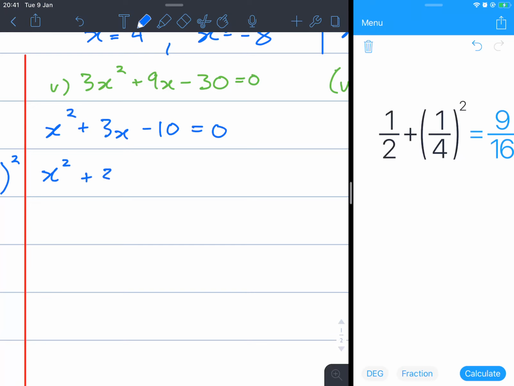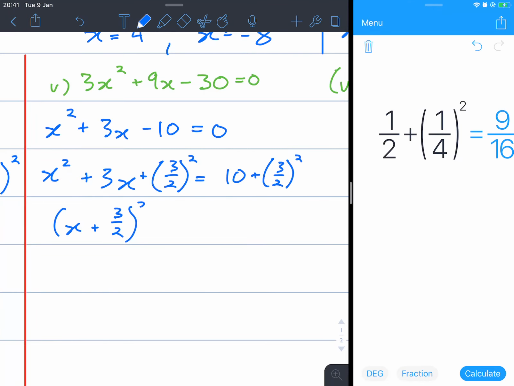X squared plus 3x, isolating the constant. We're going to add half of this squared, so 3/2 squared. Factorize this, it's always going to be half of the inside there.